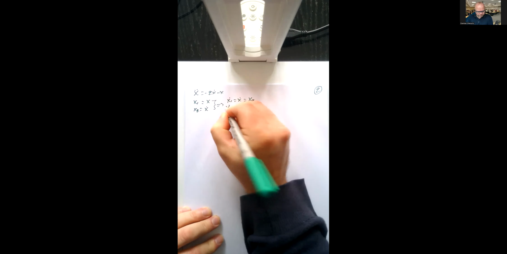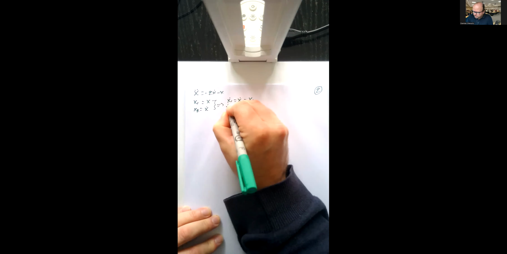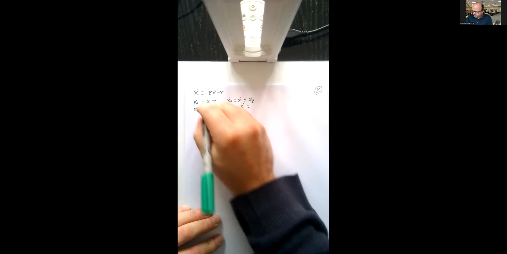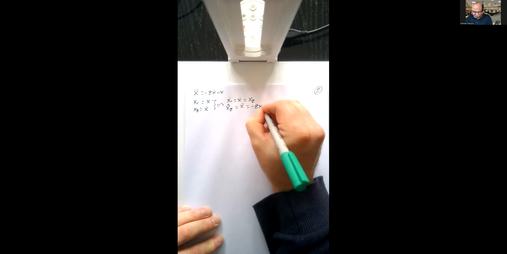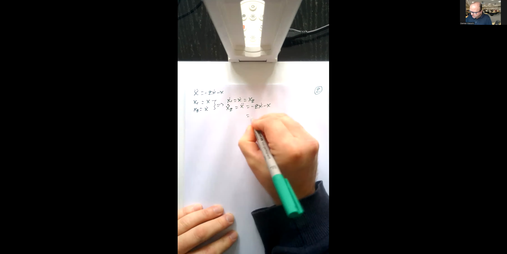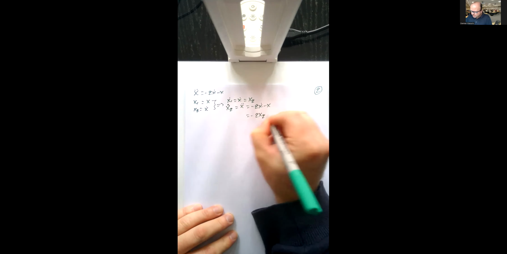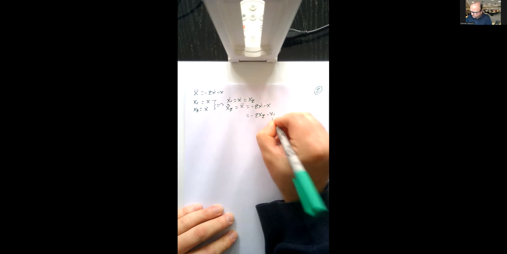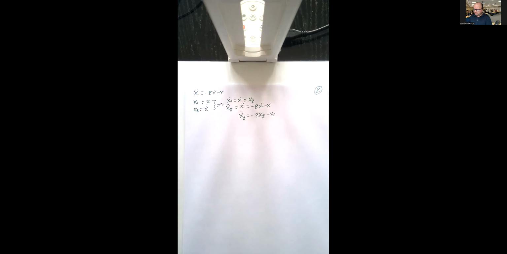X2 dot is x dot dot. So x2 dot equals, from here, minus 2x dot minus x. And hence now x dot is minus 2x2, x is minus x1, so x2 dot. So now these are my two ODEs.